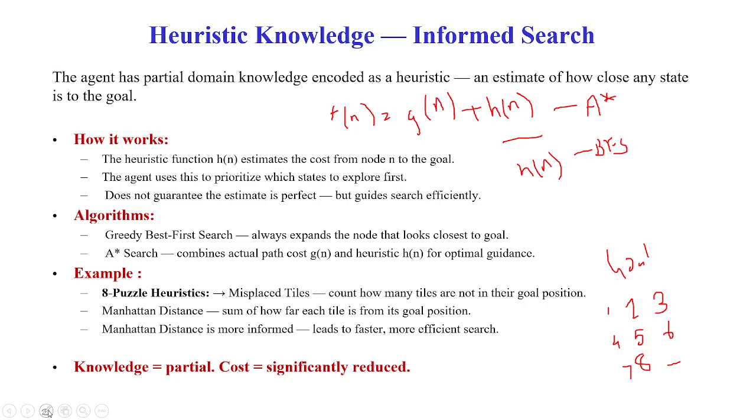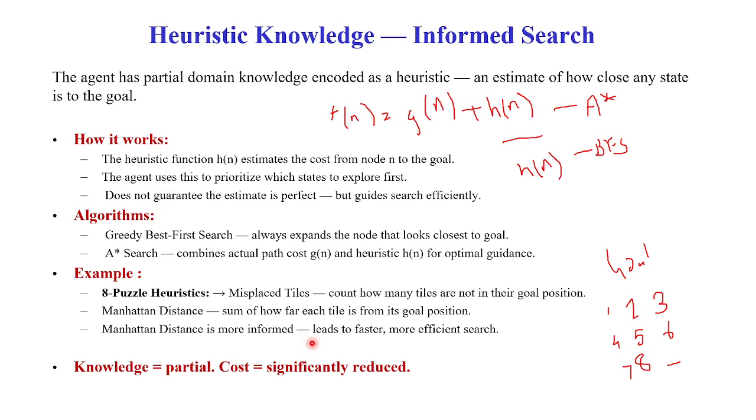You can use the misplaced tiles to identify it. Another one is the Manhattan distance. It sums up how far each tile is from the goal position. So it is measured as the number of steps up, down, left and right.